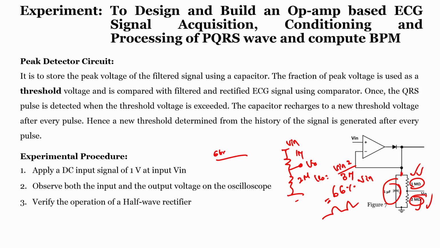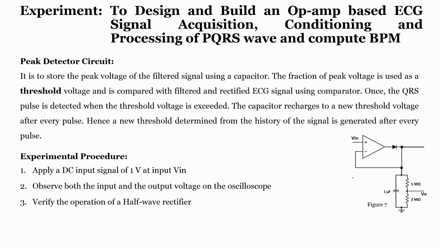Then we will attach this portion as well, and see whether it is setting a threshold and passing only the values greater than that threshold or not. We will also compare with experimental results. Now, we will see how to implement the circuit using a simulation. Once we verify in simulation, we will see it in actual hardware and do the experiment.